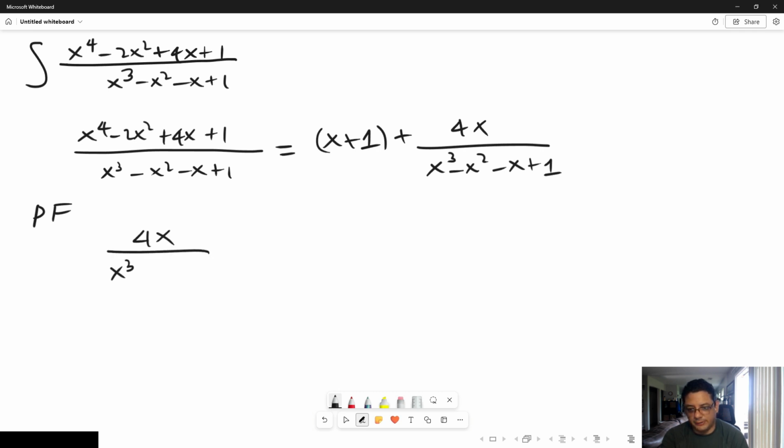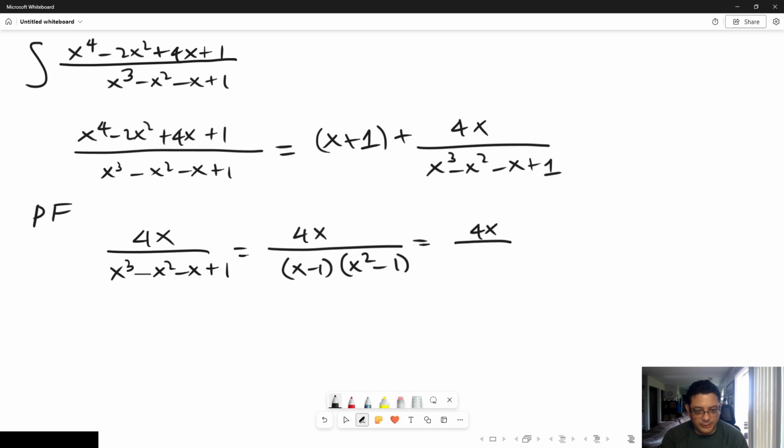4x over x cubed minus x squared minus x plus 1. I need to factor the bottom. When I'm factoring the bottom, notice that this is x minus 1 times x squared minus 1, or this is 4x over (x minus 1) squared times (x plus 1).